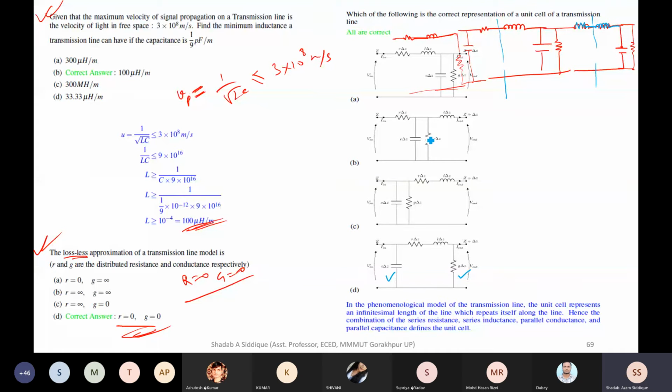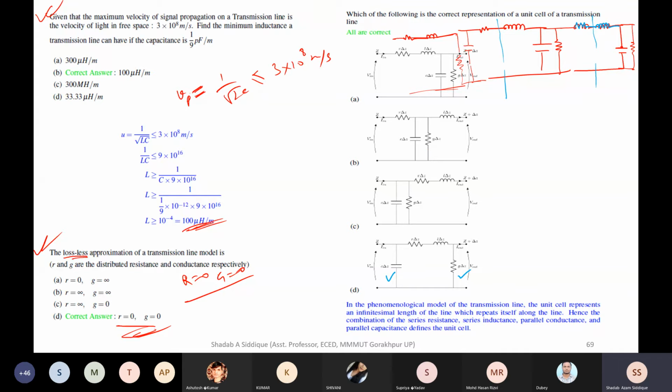I'm not saying you will not be able to solve it because you do not have understanding. You have the understanding, but because of the confusion you will not be able to answer the question. Maybe you will get it elsewhere, but now you will be able to answer. You know the concept behind this unit cell which we are taking for the transmission line.